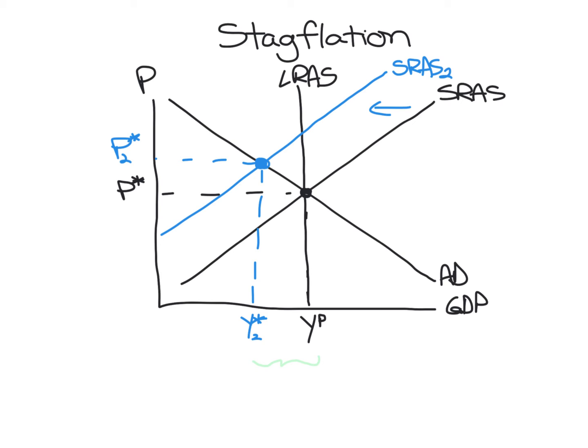And it does that by either increasing government spending or lowering taxes to give households more money, which will then increase their consumer spending, right?